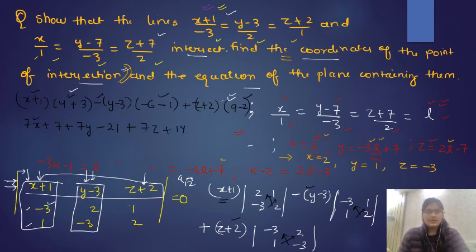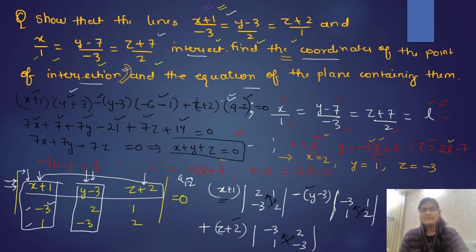So here this should be 0. We are finding the equation of a plane. So 7x, 7y plus 7z all together, and then 7 and 14, 21. 21 minus 21 is 0. So that means the equation of the plane is x plus y plus z equals 0.